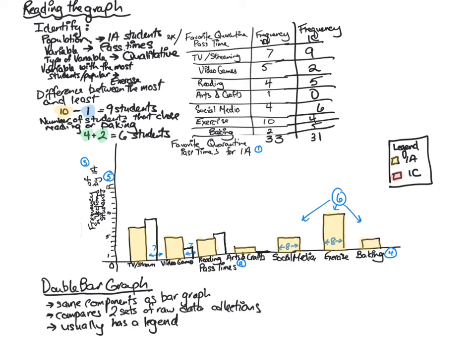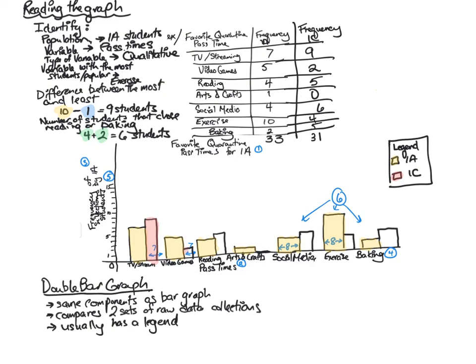Social media is 6. Exercise is only 4. And baking is 5. Okay, and then again, these would be marked in red.